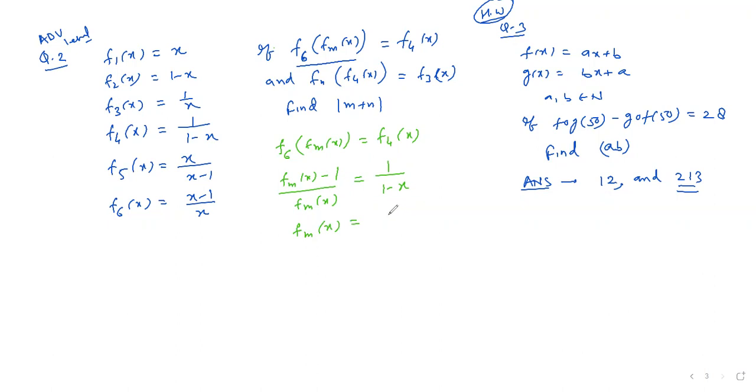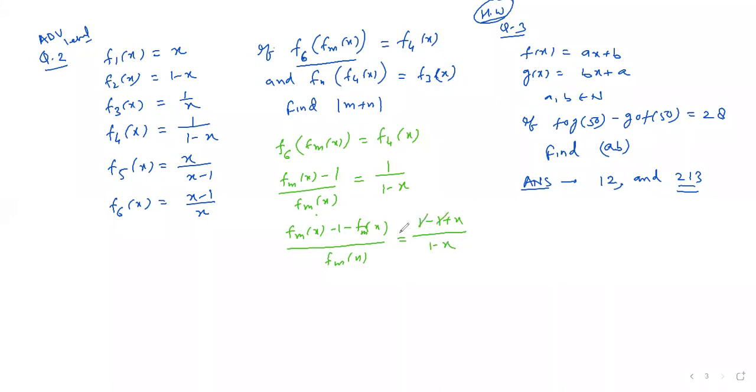So we can use dividendo. Yes, that is better actually. Guys, you can do one thing: subtract this in the numerator or subtract this in the denominator, one out of the two. Applying dividendo: fmx minus 1 minus fmx upon fmx is equal to 1 minus 1 plus x divided by 1 minus x.